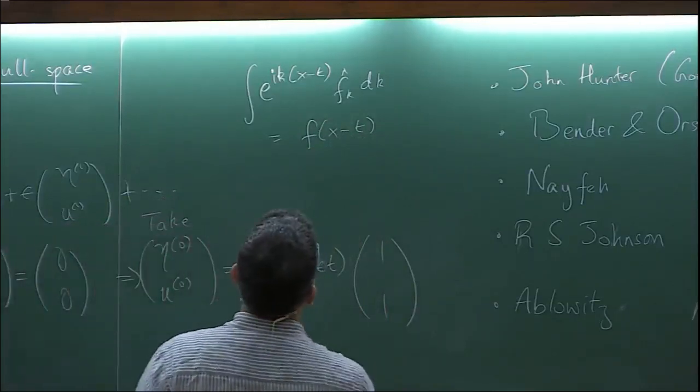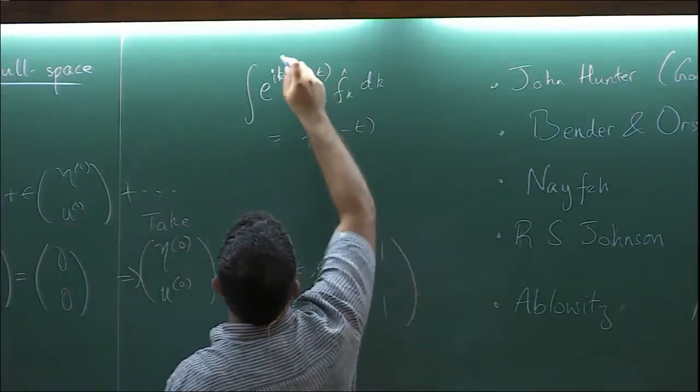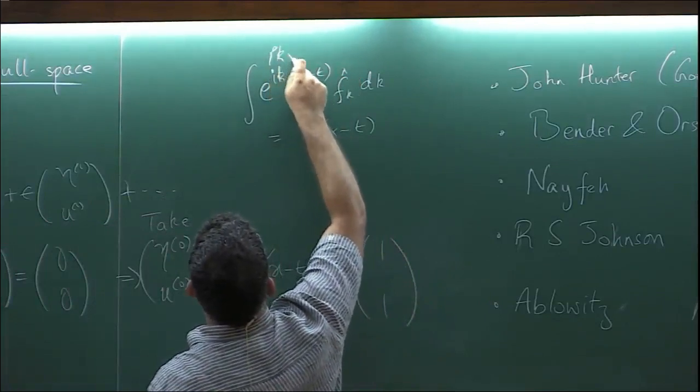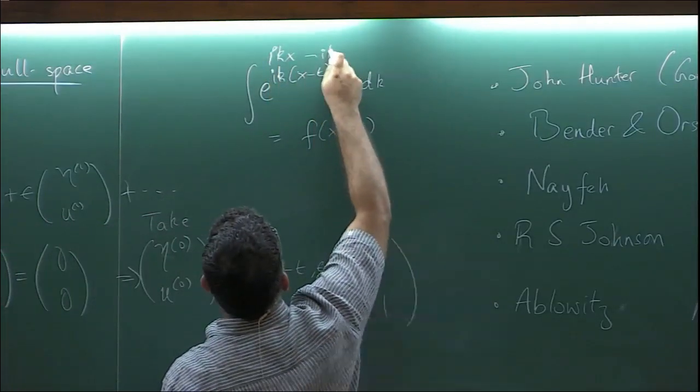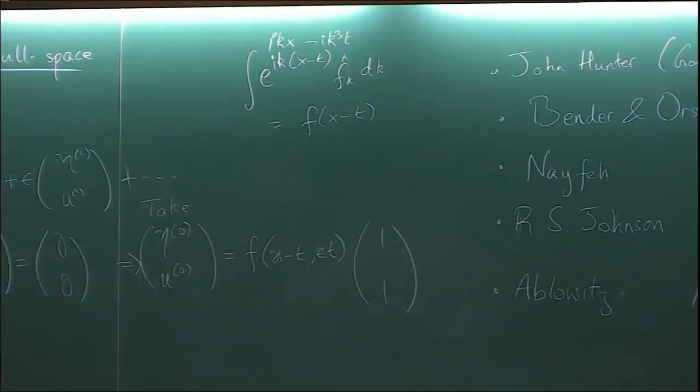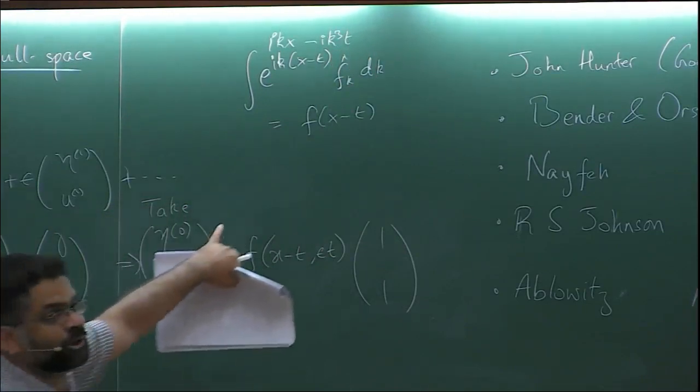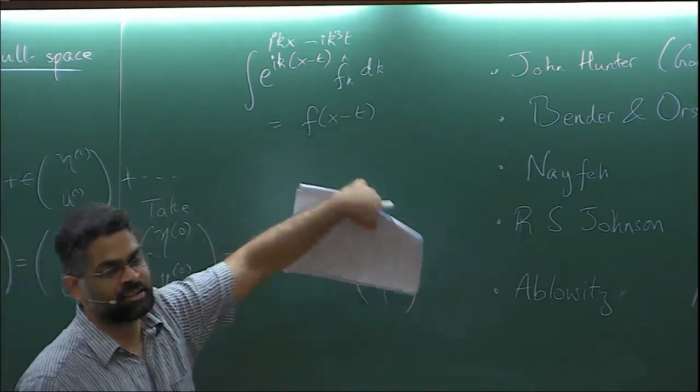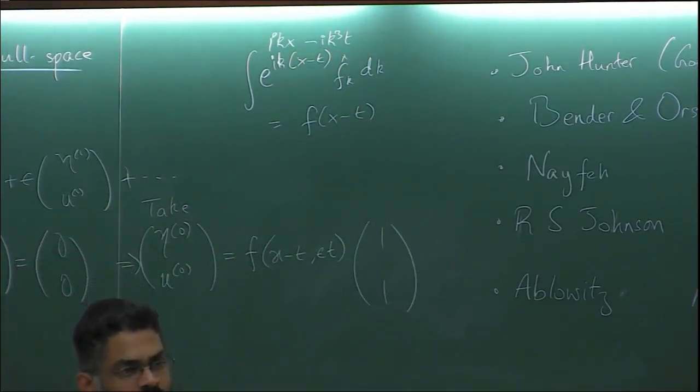But suppose instead we had e to the ikx minus ik cubed t. I don't know how to do that integral as a generic function of x and t. And since I don't know how to do something, I don't do it, and I stick with individual Fourier modes. Right?